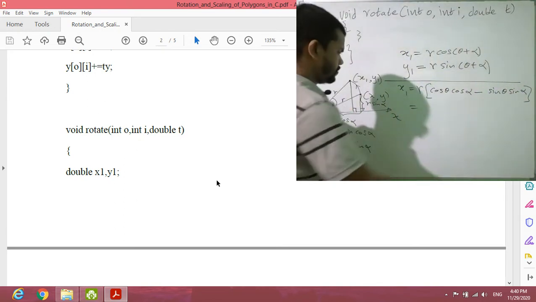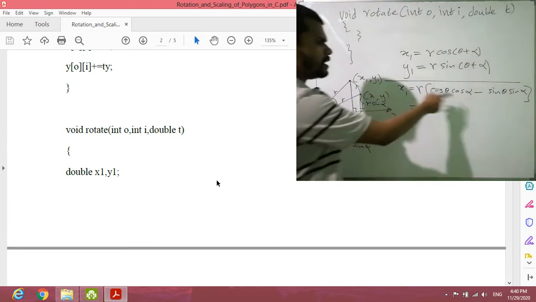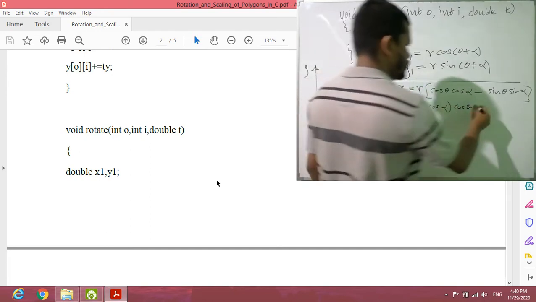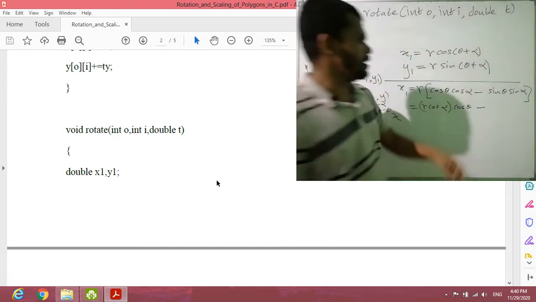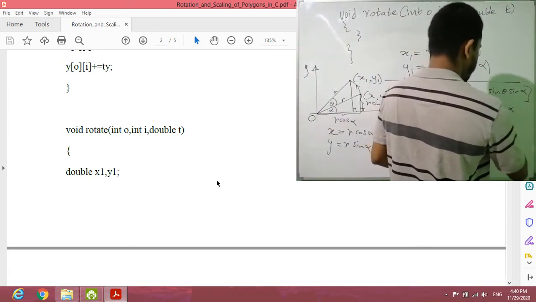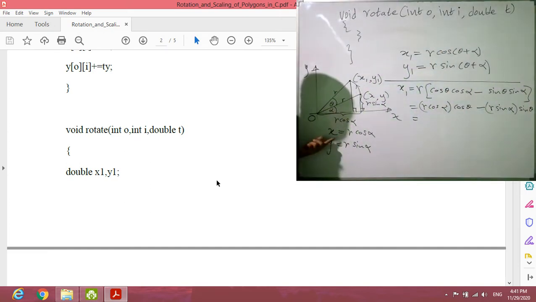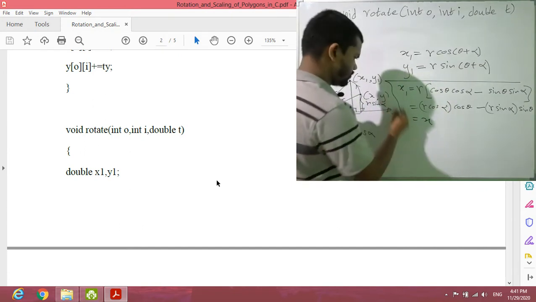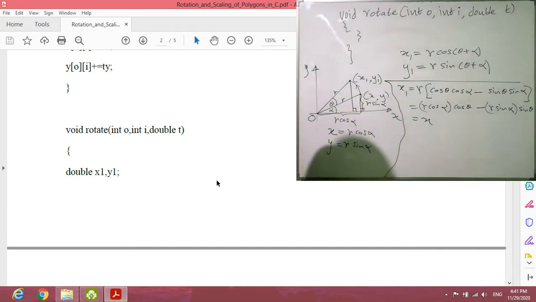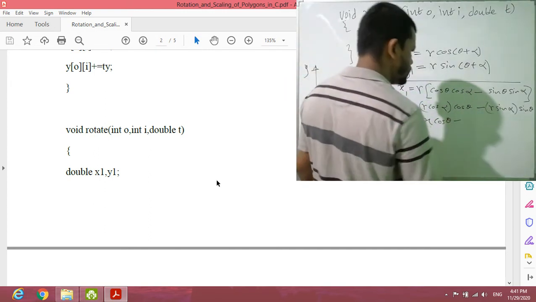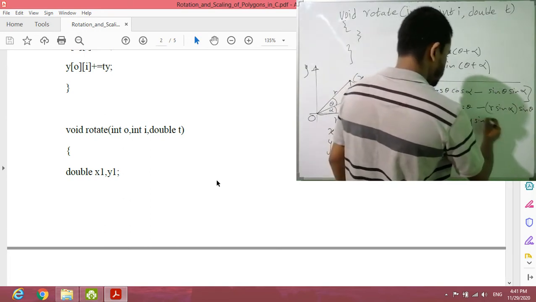And now here we take r cos alpha cos theta minus r sin alpha sin theta, okay. So now r cos alpha means x, r sin alpha means y. Now here x cos theta minus y sin theta.